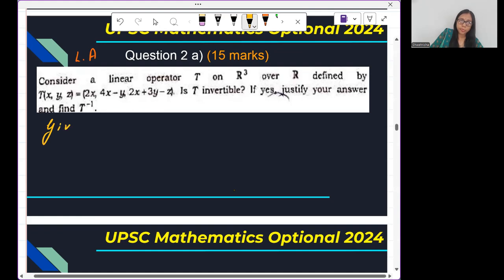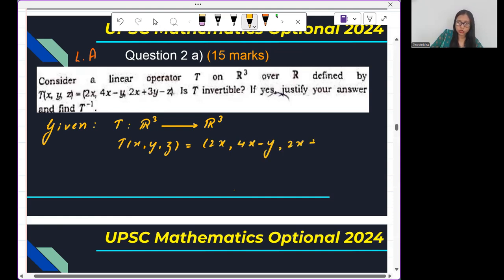Given is T operator from R3 to R3. Right. So T of xyz is given to be 2x, comma 4x minus y, 2x plus 3y minus z. Now, what is the kernel of T?